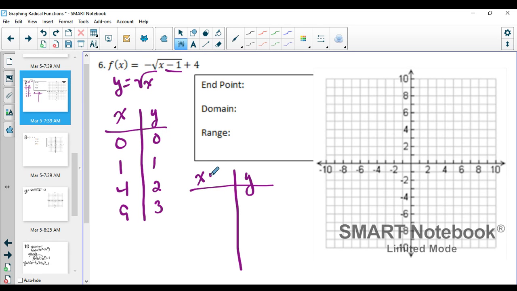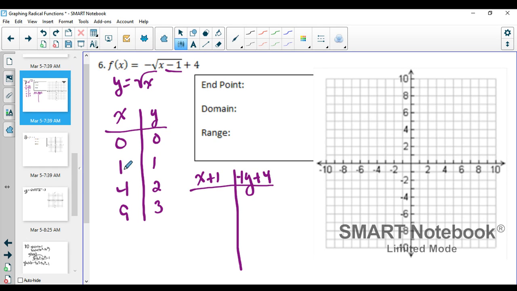So we are actually adding 1 to our x's. And then this negative is going to act like a -1 times all of that. So we're going to put the -1 with the y, because we're multiplying the y values. And then the +4 moves up or down, which is going to change the y's, and it stays the same, so you're just going to put the +4 here.